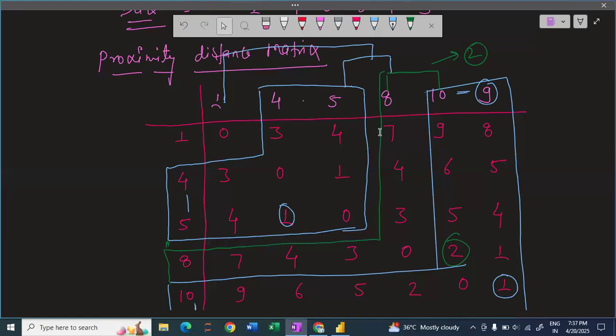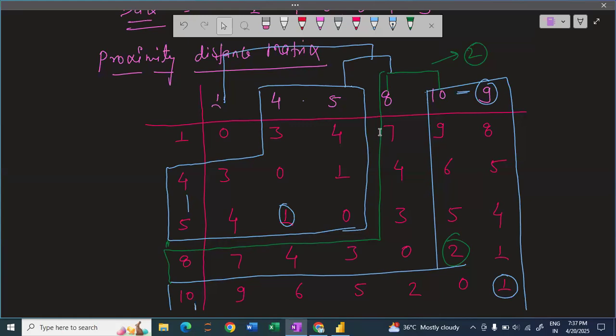I have a question. In the first iteration, we chose 9 and 10. Why not, in the first cluster itself, why didn't we choose 8 and 9? 8 and 9, we can take 8 and 9. See, it's totally up to you. I have created it so that I can arrange it within a manner.